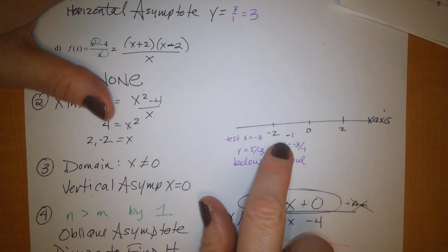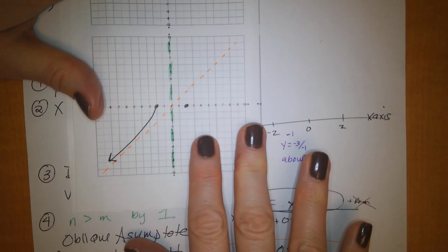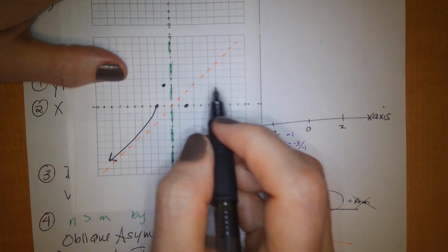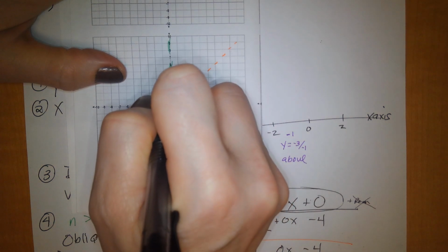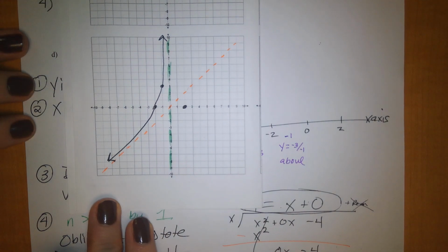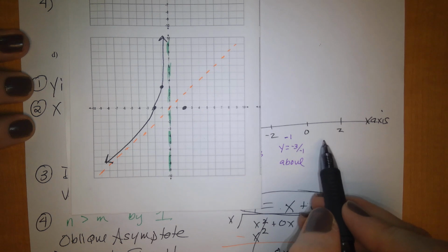So when x is negative 1, y is 3. So it looks like it'll be above the x-axis and it'll get closer to the vertical asymptote. You could probably already determine what's going to happen on this side, but let's finish by testing a couple more points.